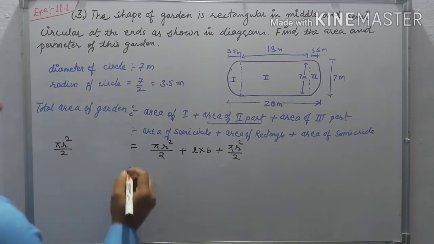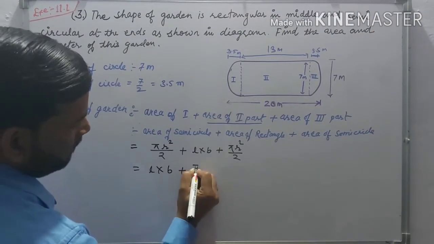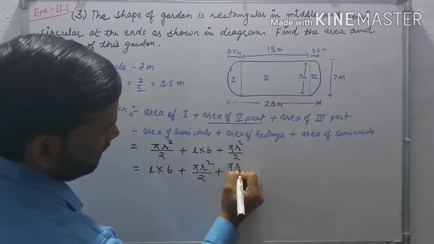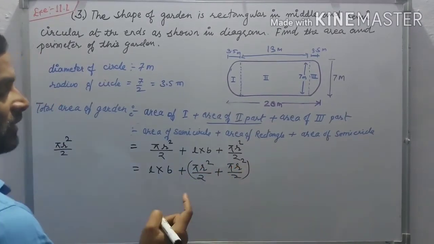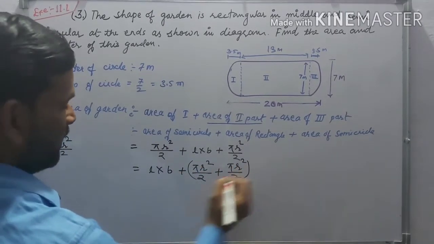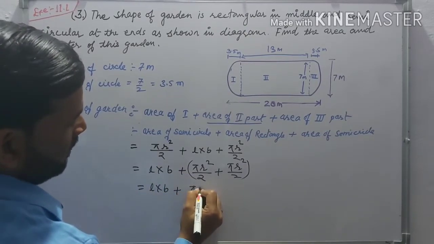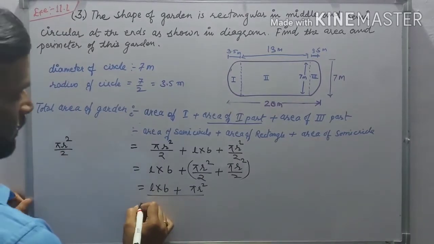Okay, now L into B will be written at the front, and pi r square upon 2 plus pi r square upon 2, the half and half, you write only one time. It means L into B plus pi r square. Okay, now put the values.